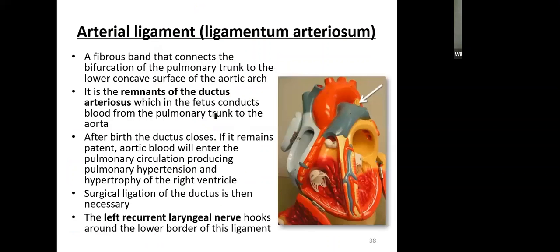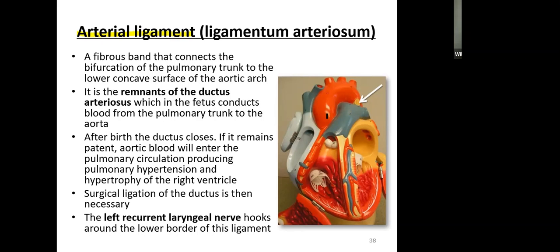So now what we need to do is start to link all of this together. So we have a structure called the arterial ligament. Well, the name suggests that it's a ligament and it's attached to an artery, and specifically it's attached to our aorta, and it communicates between our aorta and our pulmonary trunk.